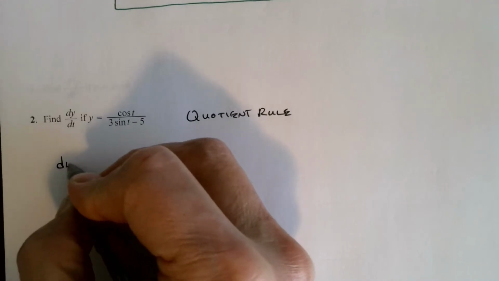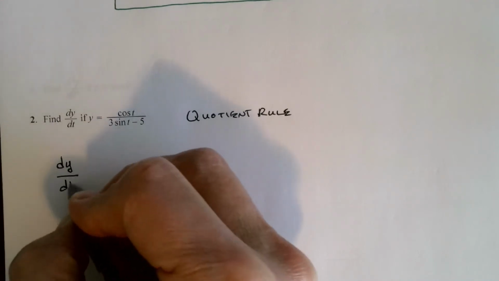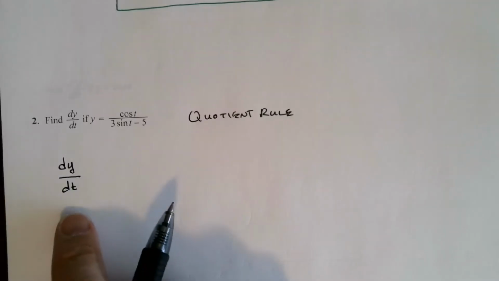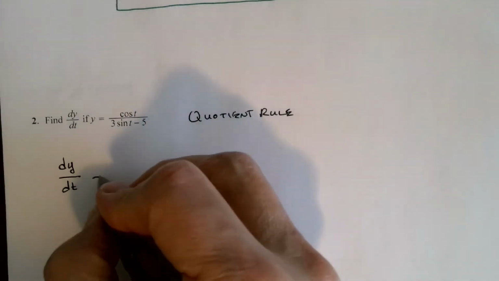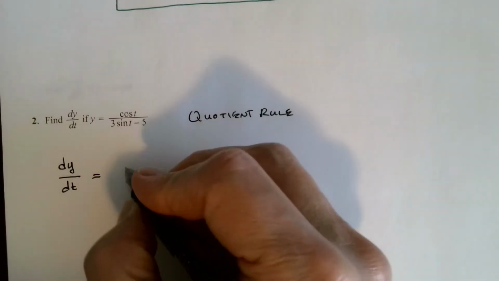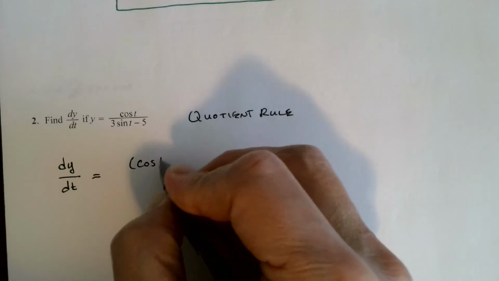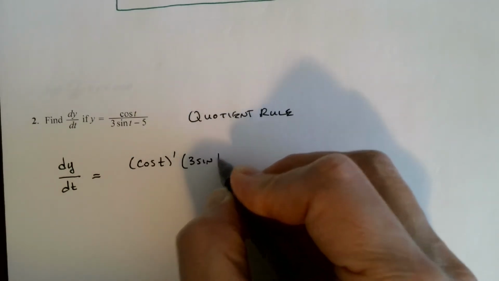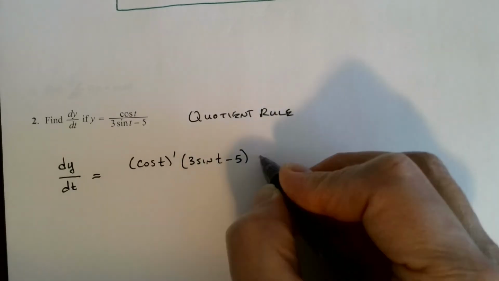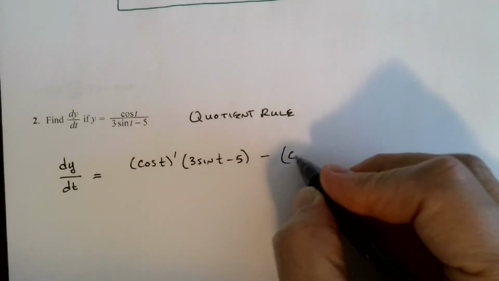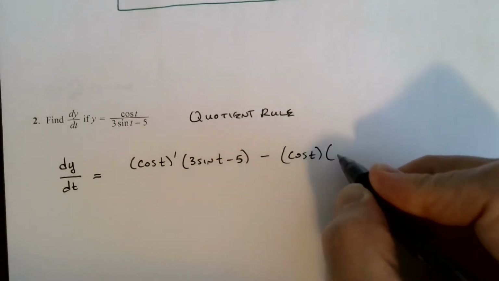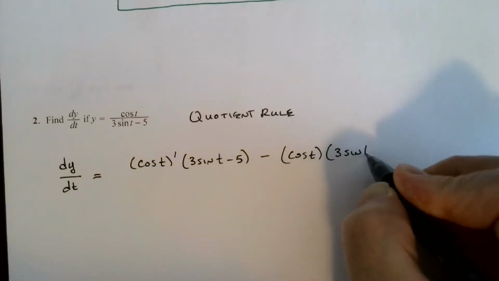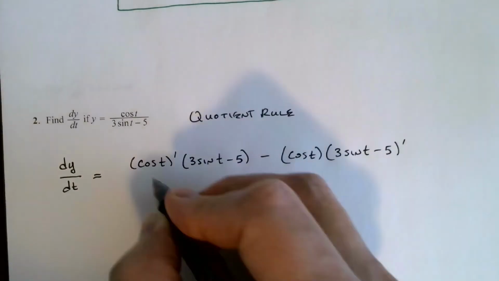So the derivative of y with respect to t, remember this is the Leibniz notation for the derivative of y with respect to t, is equal to what? I take the derivative of the top function by the quotient rule, which is cosine t, times the bottom function, minus the top function times the derivative of all of this in the bottom.